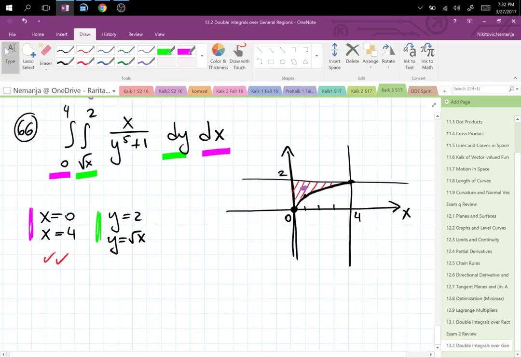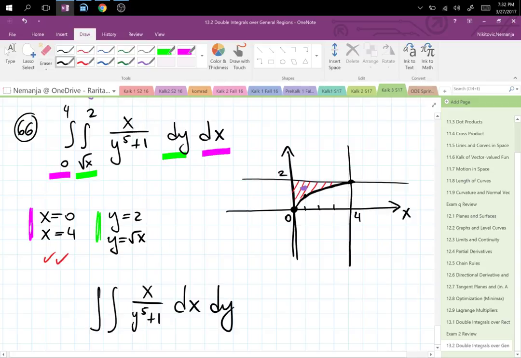So now I have to write a completely new integral, which will still have this x over y to the 5 plus 1, but now it has to be dx dy. So dy is in charge, which is delta y, sideways. I'm going to draw delta y here and ask myself where that delta y lives.